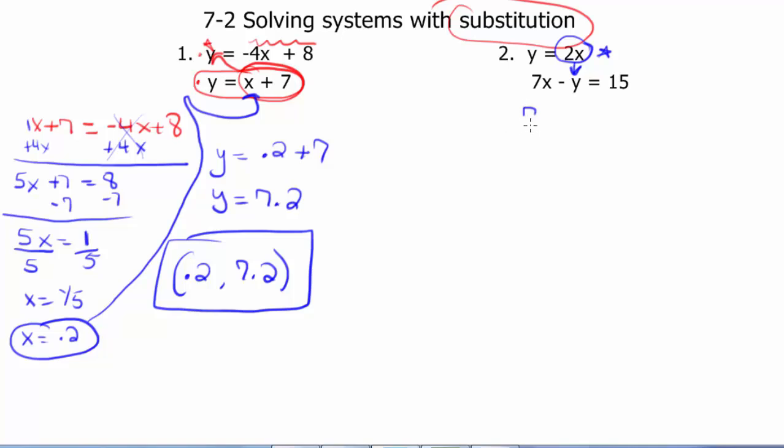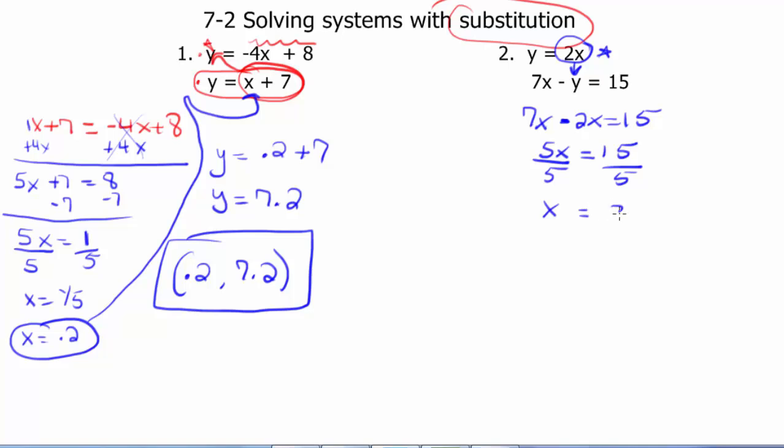So 7x minus, and since this is not a y anymore, it's now 2x equals 15. So you've got to figure out how to solve this. Well, I have 7x minus 2x. It's all on the same side of the equal sign, so that just becomes 5x equals 15. Divide by 5.